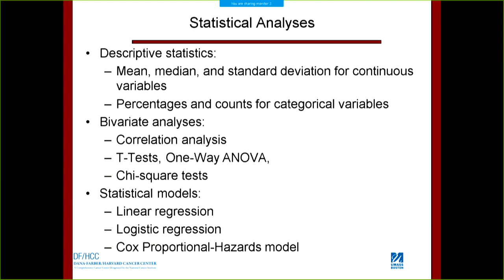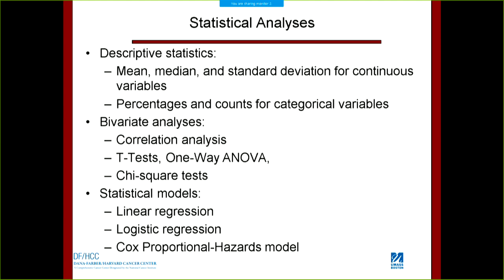Then we move to bivariate analysis. I always suggest researchers do the bivariate analysis first. If two variables are not related, there's usually no need to put them into the final model, so find out the significance first.